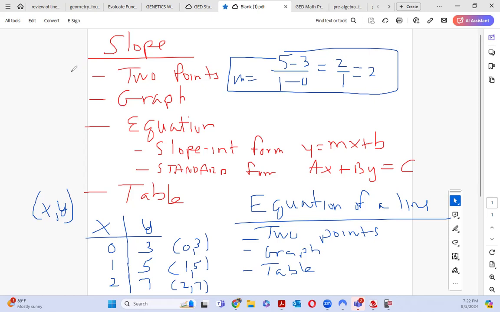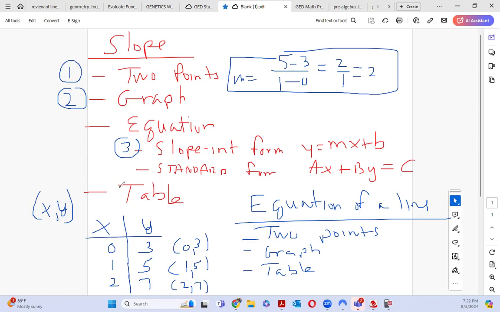So by next week, you should be able to find the slope from 2 points, the slope from a graph, and the slope given slope-intercept form. You should be working on those until you got those down. Next week, we'll go over standard form and how to find a slope from a table. And then you should be good on slope.